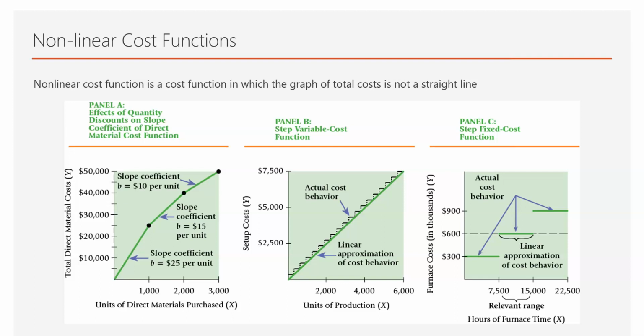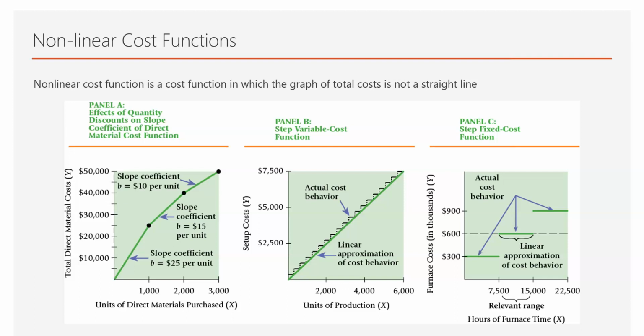But if we need more hours of furnace time, because we have so much demand, then we have to turn on a second furnace, and the cost of heating up that second furnace and keeping it running is going to be another $300.